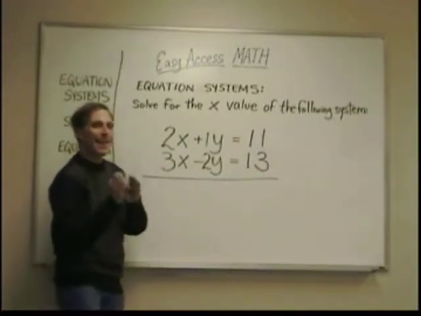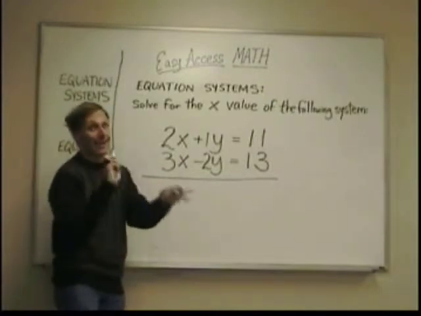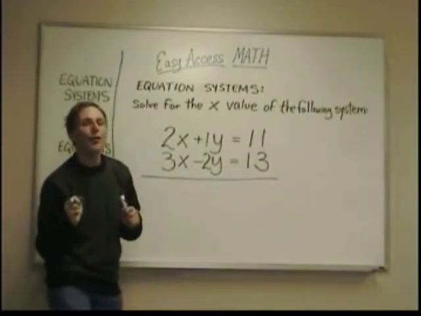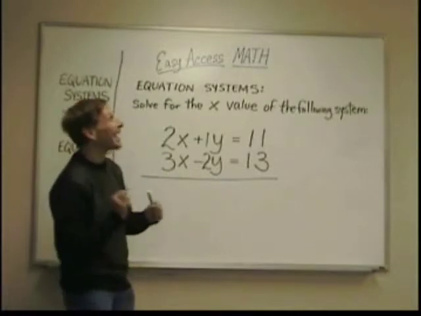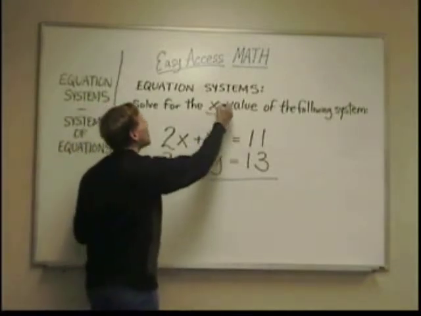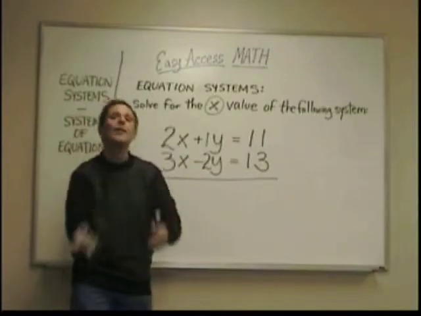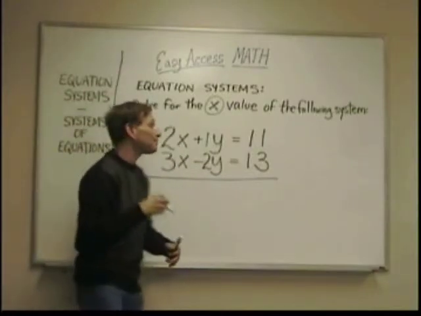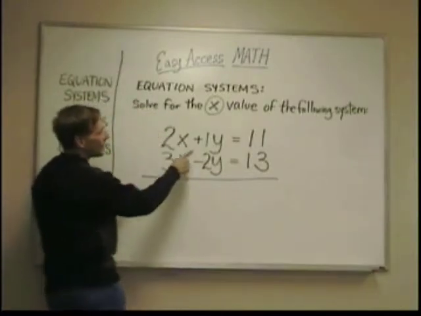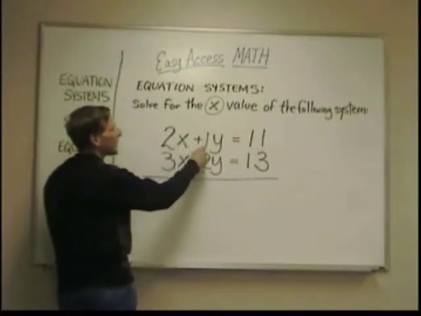I have to make them equal numbers, plus and negative, to cancel those y's out. Remember, I'm canceling the y because I'm looking for the other variable. I'm looking for the x. So I'm canceling the y. What do I need to make them equal? I need to make this a positive 2.